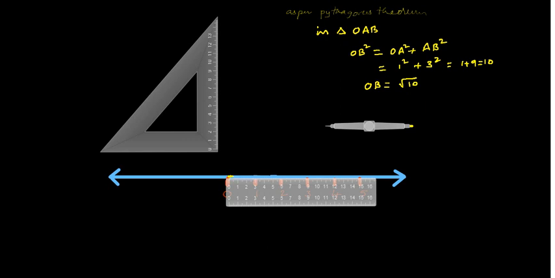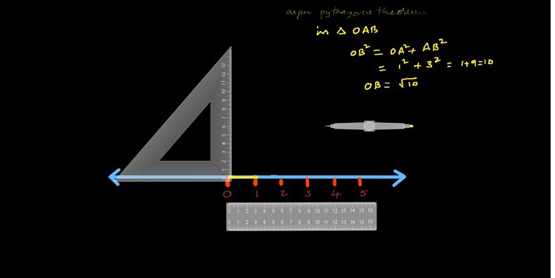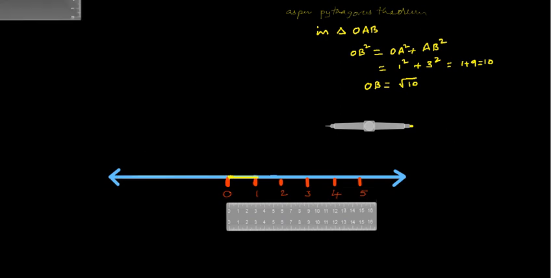Again, I will write. Then you remove the scale. You take the set square, which is already in our geometry box.